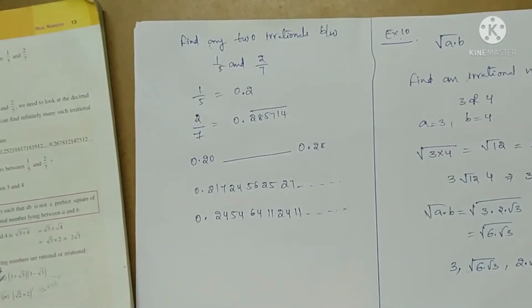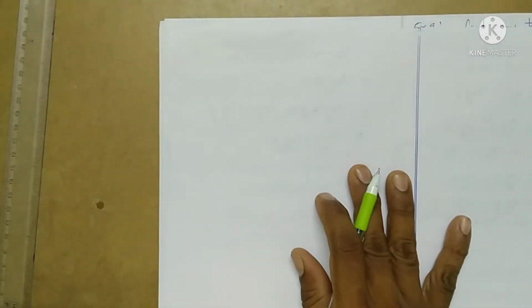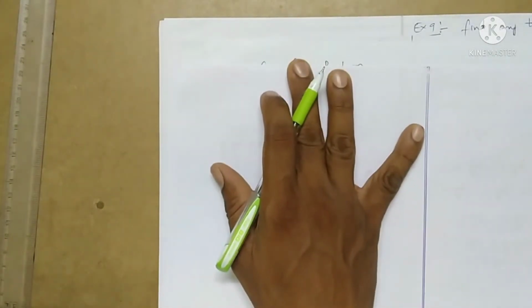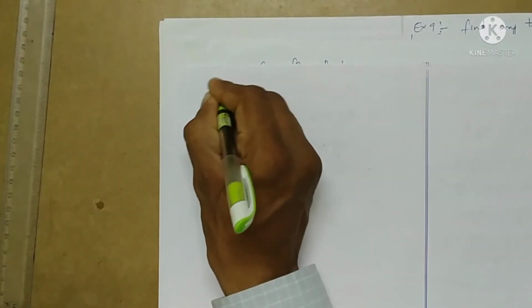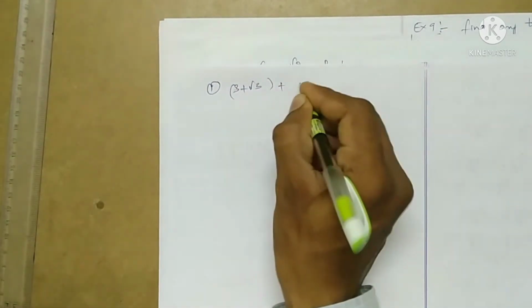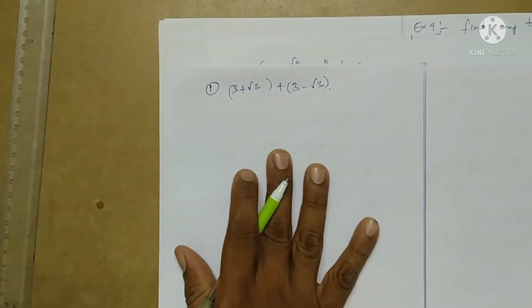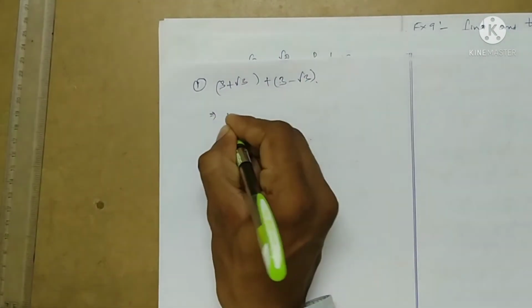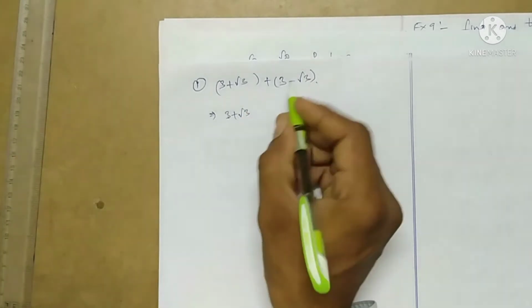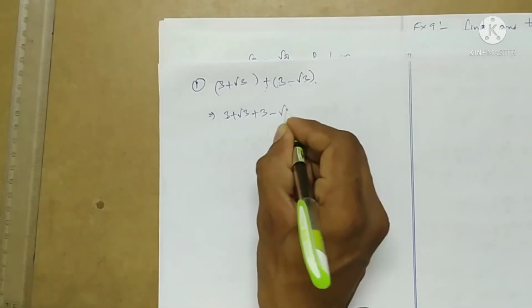Next, our question is to examine whether the following numbers are rational or irrational. Our first question is (3 + root 3) + (3 - root 3).